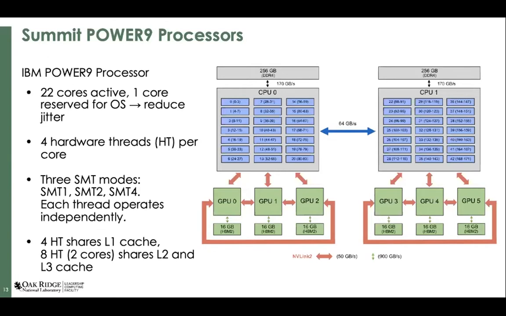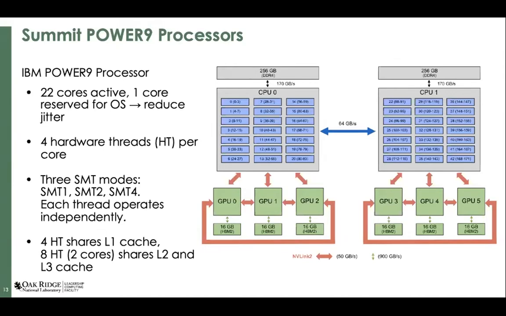What does that mean? In SMT 4 mode, each of the slices or threads operates independently of the other 3. This allows for 4 separate streams of execution, which you can imagine as OpenMP threads or MPI tasks on each physical core.